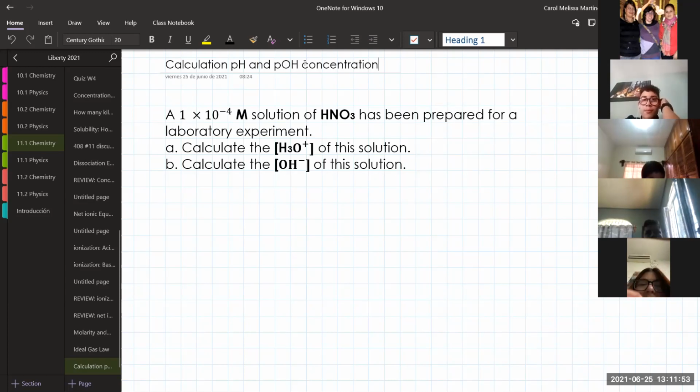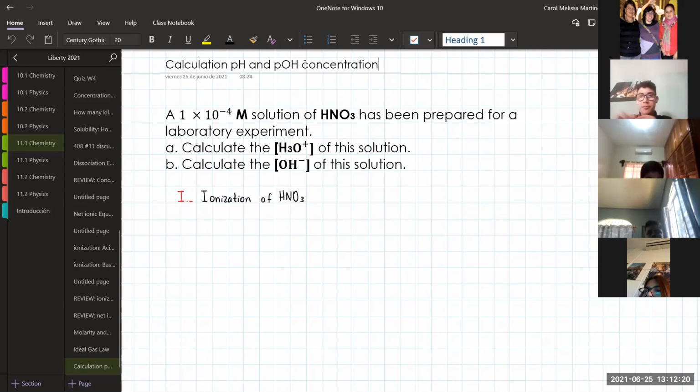Now, the steps we need to follow are these ones. In the first part, they are giving us an acid, okay? So in the first step, what we need to do is work on the ionization of the acid. Now remember this.